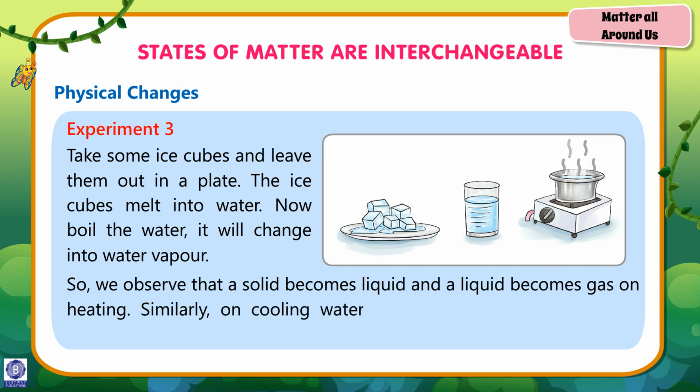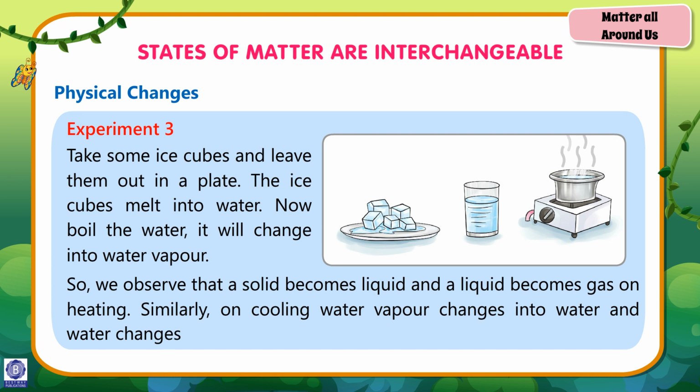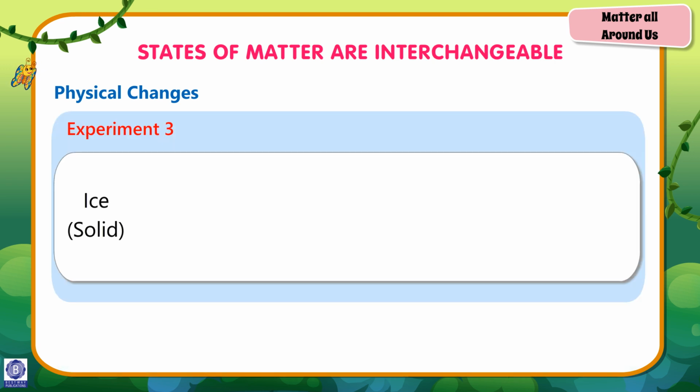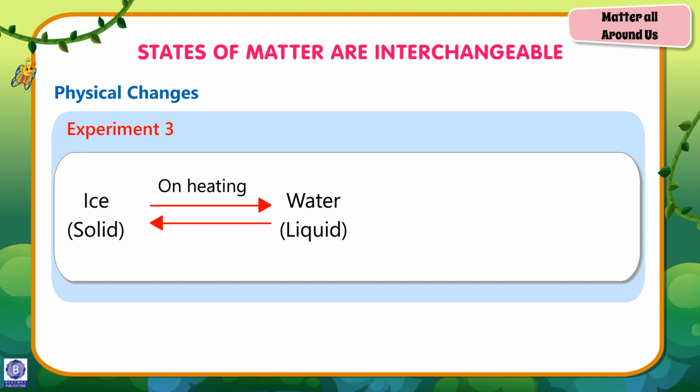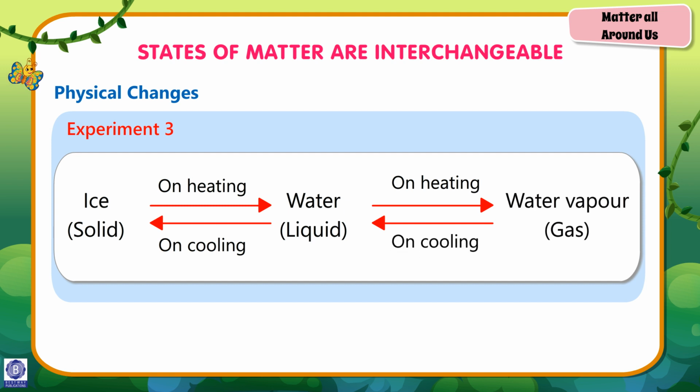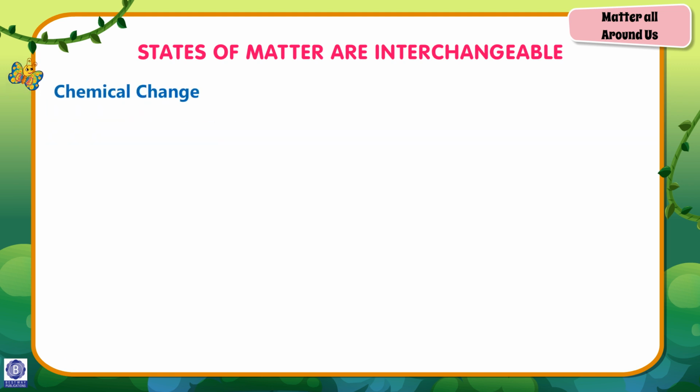Similarly, on cooling, water vapor changes into water and water changes into ice. Ice, solid. On heating, water, liquid. On cooling, solid. Water, on heating, water vapor. On cooling, liquid.